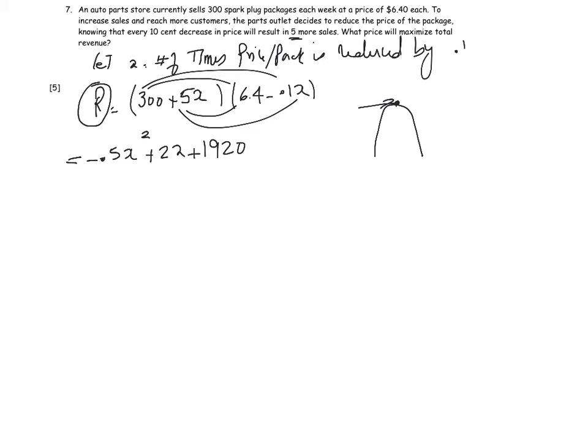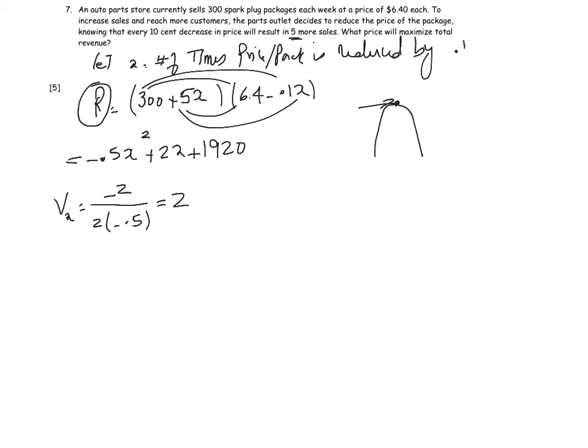To find the coordinate of the vertex, I'm going to use a shortcut, so I'm going to say v sub x is minus b, which is 2, divided by 2a, 2 times negative 0.5, which is going to give me 2. This means that if we lower the price 2 times, meaning by 20 cents, we are going to maximize the revenue.